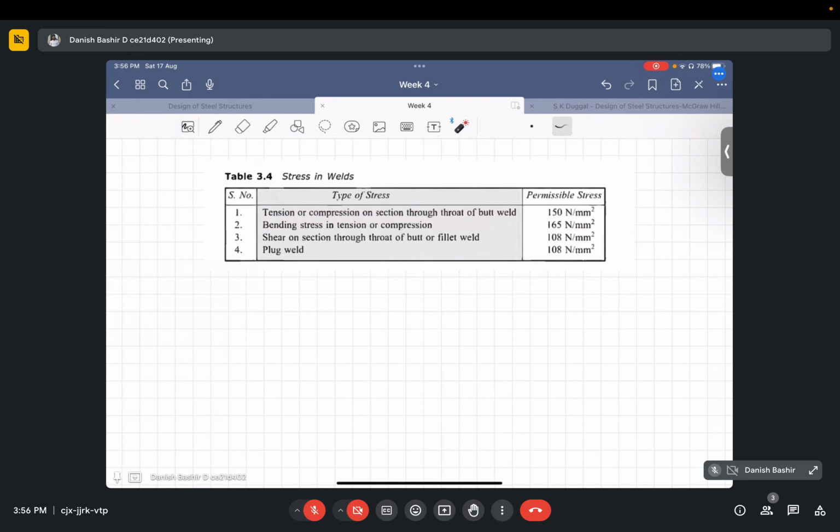These values are taken from IS 226, Indian Standard 226, 1975, and are for electrodes conforming to IS 814, 2004. Shear on the section through the throat of butt or fillet weld is 108 megapascal, and for plug weld the permissible stress is 108 megapascal.